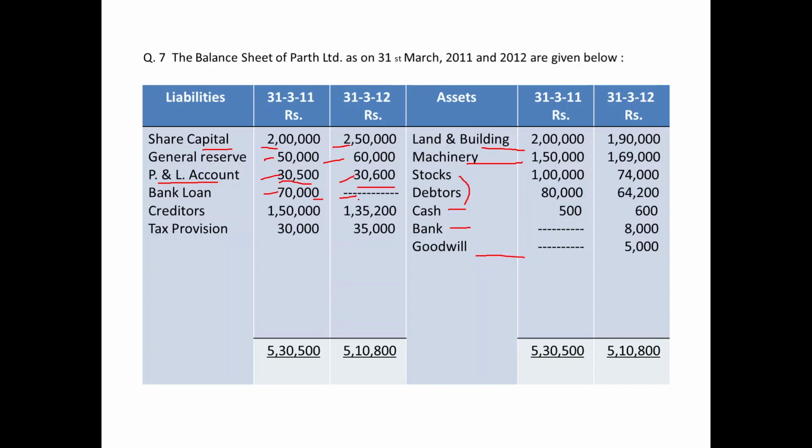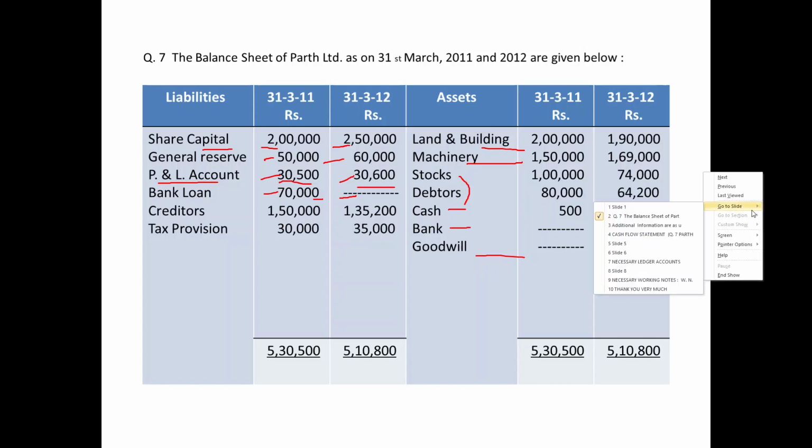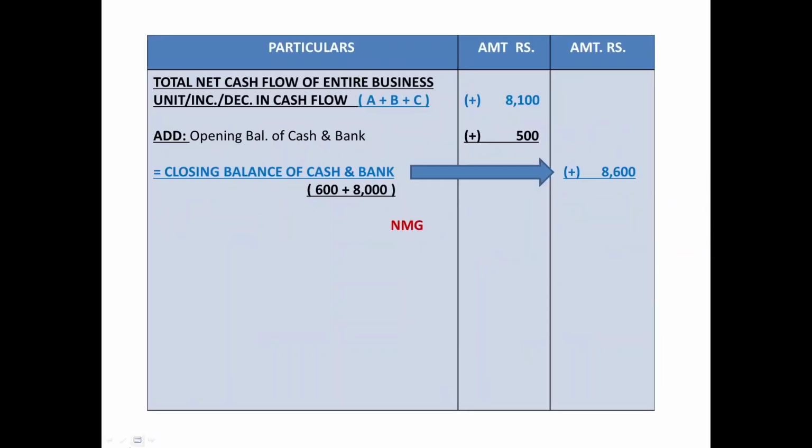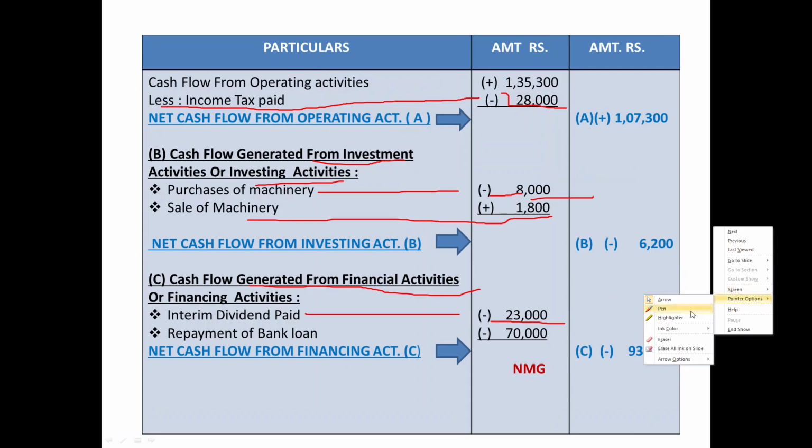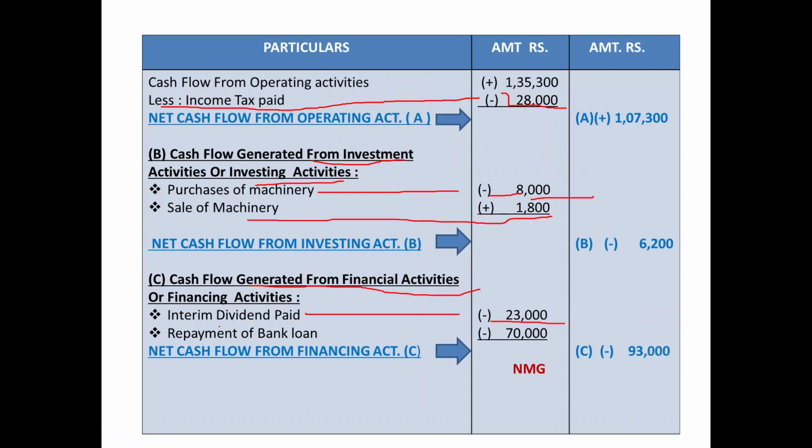So bank loan account debited, bank account credited. The company has repaid this amount to the bank from whom the loan was taken. So it indicates cash outflow under financing activities. Let us report it. Cash flow generated from financial activities after interim dividend, repayment of bank loan minus 70,000.